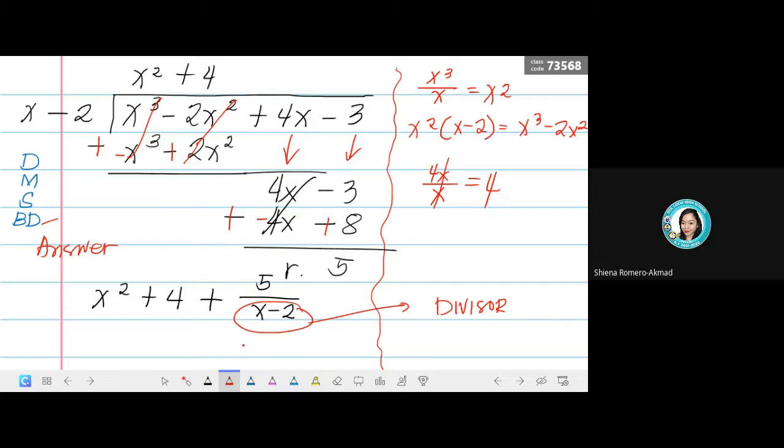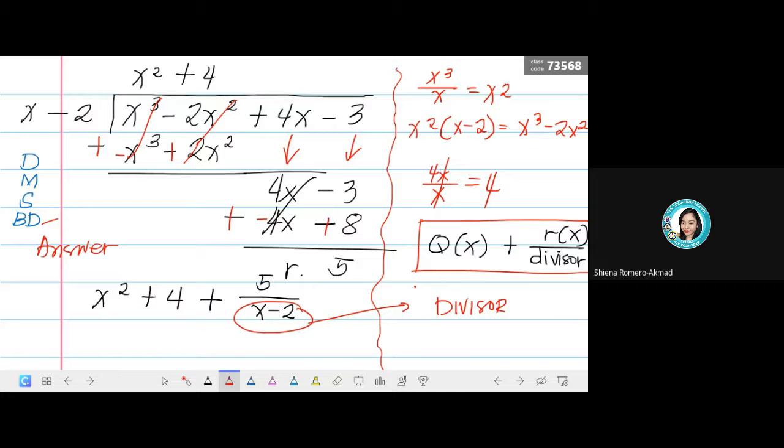So, kapag meron kayong remainder, all you have to do is to write the divisor as the denominator ng remainder natin. So, ano yung magiging itsura ng ating sagot? Yung quotient mo plus yung remainder divided by yung divisor. Okay? So, ganito po yung nagiging answer natin whenever there is a remainder.